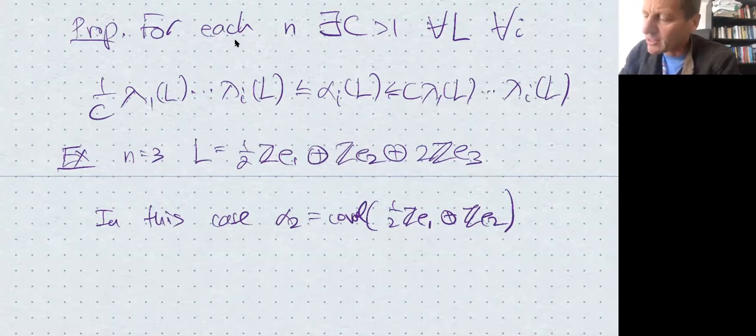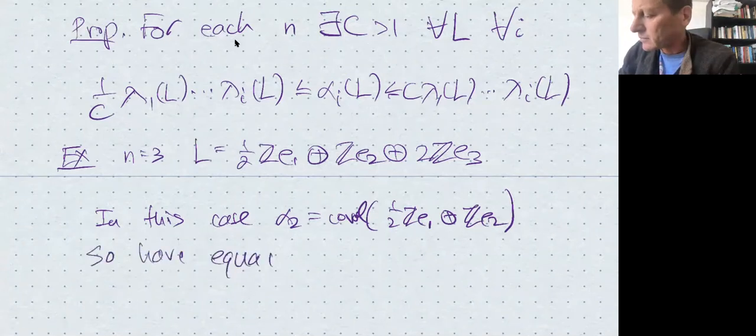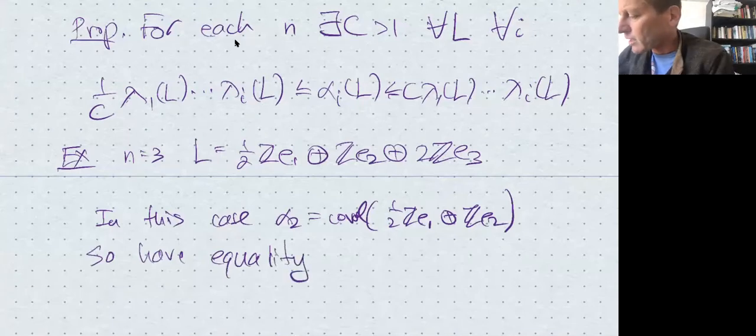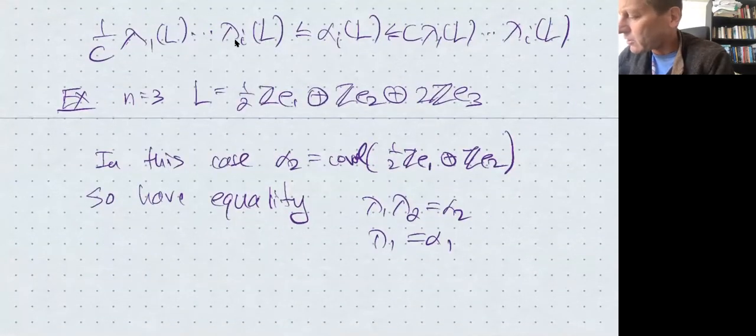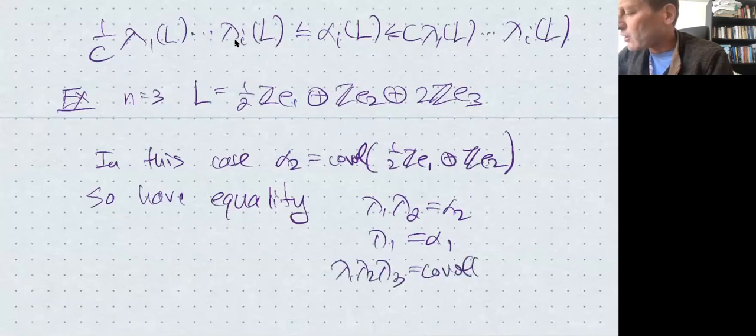So in this particular example, we have equality: lambda 1 equals alpha 1, and lambda 1 times lambda 2 equals alpha 2. And then clearly, this is the co-volume of L, and the co-volume of L is alpha 3.